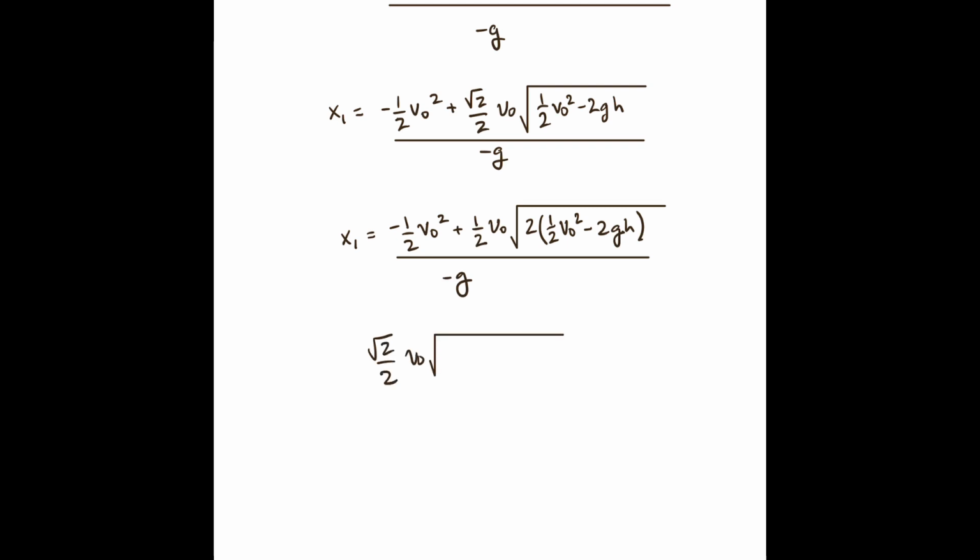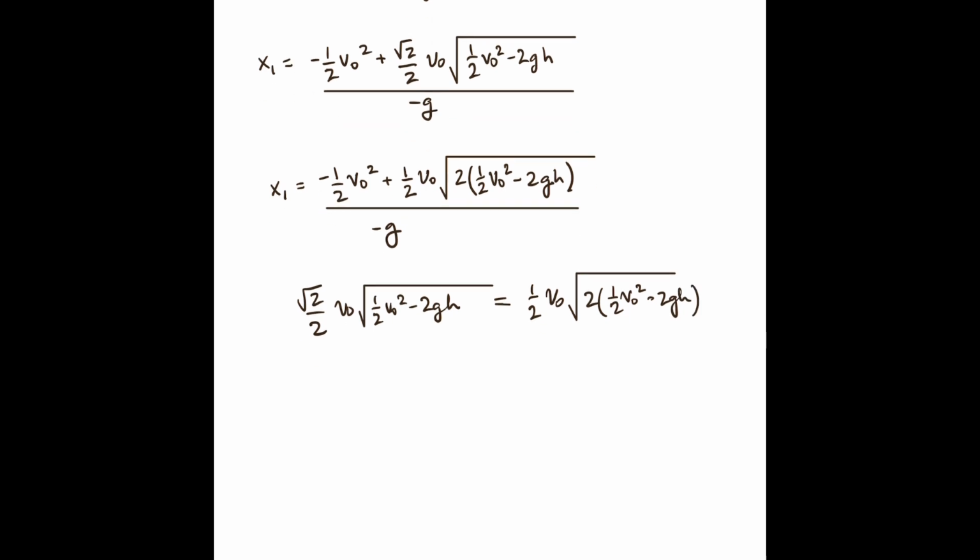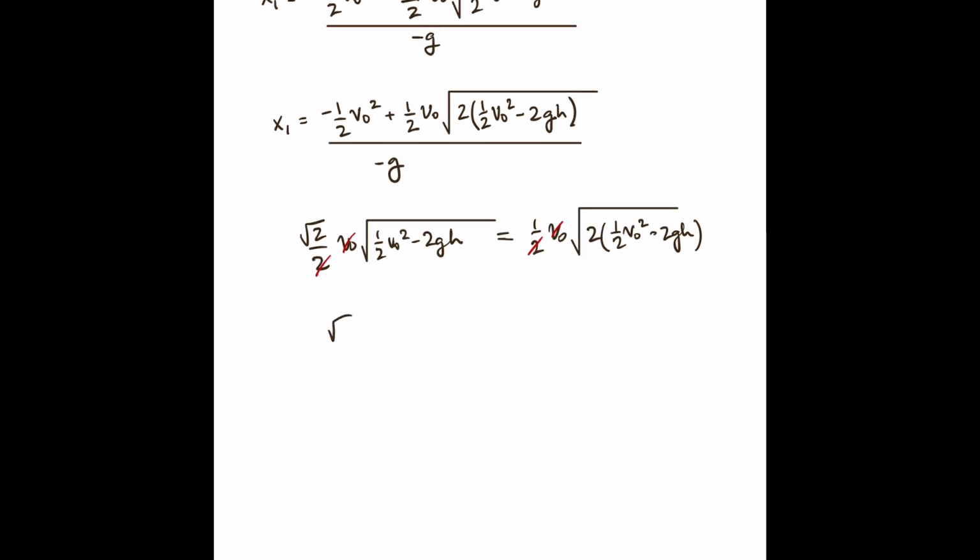So what we did here is just set up an equivalent expression. We can actually prove that the square root of 2 over 2 v naught times the square root is exactly equal to 1/2 v naught square root of 2 times 1/2 v naught squared minus 2gh. And I'll show that real quick. So the v naughts and the 2's cancel right off the bat.